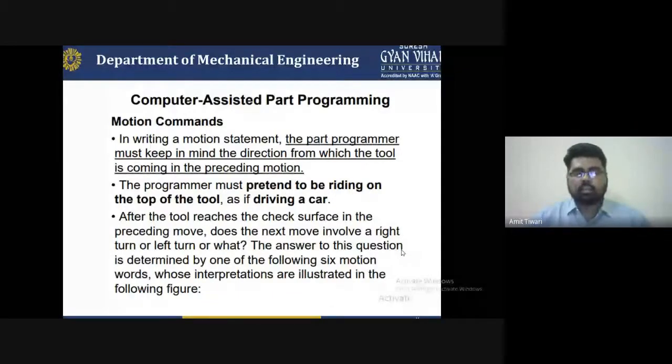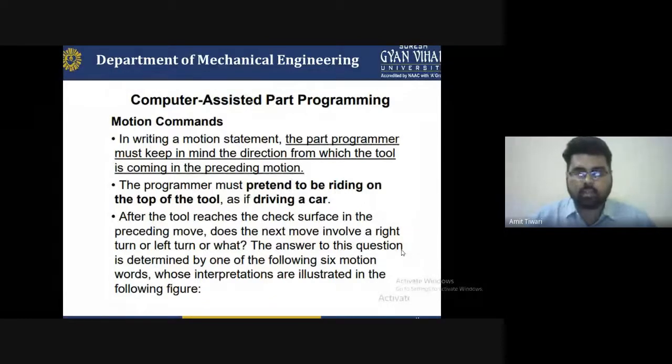The answer to the question is determined by one of the following motion words, which help us understand, and some illustrations will be shown, and whether the tool will reach the check surfaces easily or not, and whether good quality will be obtained or not. So at that time we have to get an idea of the next move, involving a right turn or turning while driving a car.